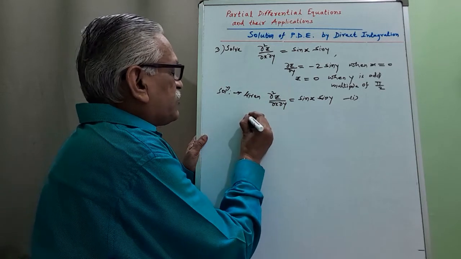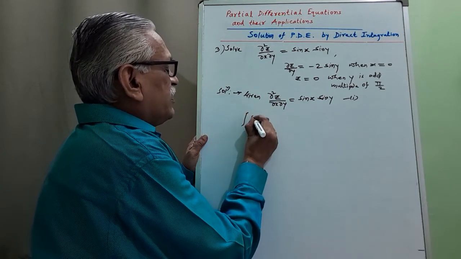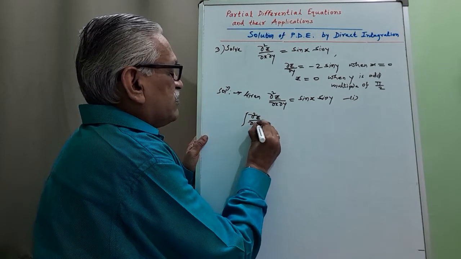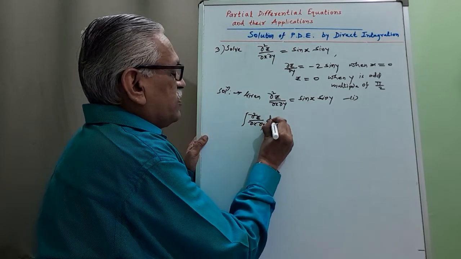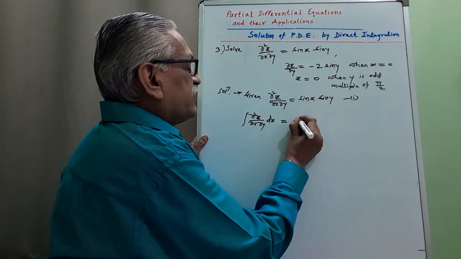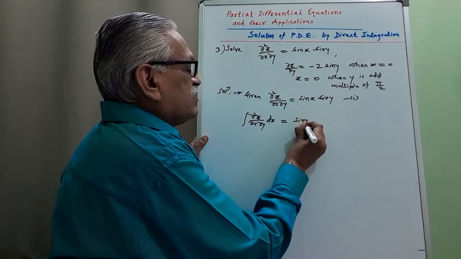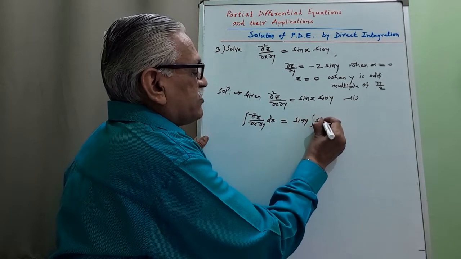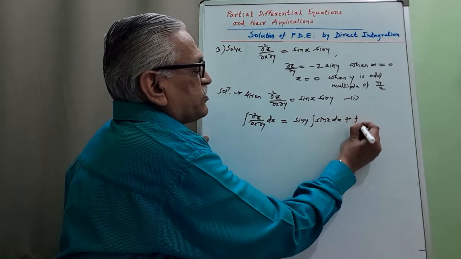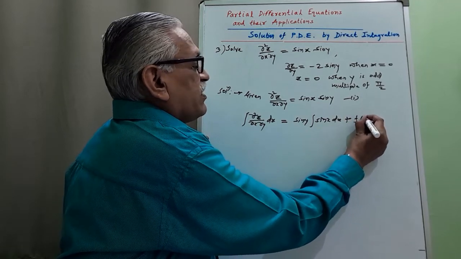Integrating it with respect to x, we get the integration of ∂²z/∂x∂y with respect to x equals, on the right hand side, sin y is a constant term outside, integration of sin x with respect to x plus constant of integration f1(y).